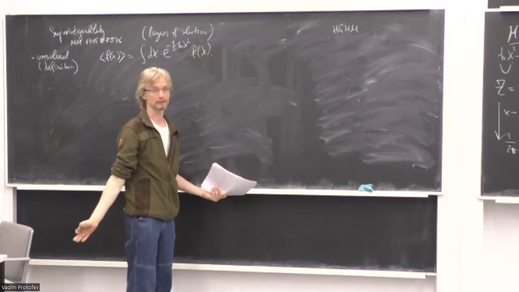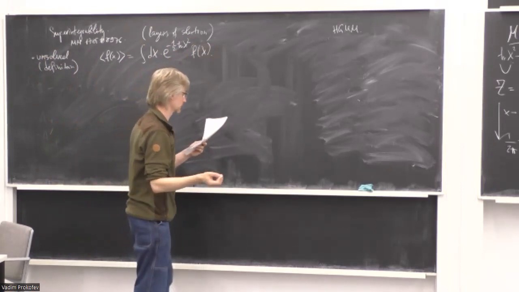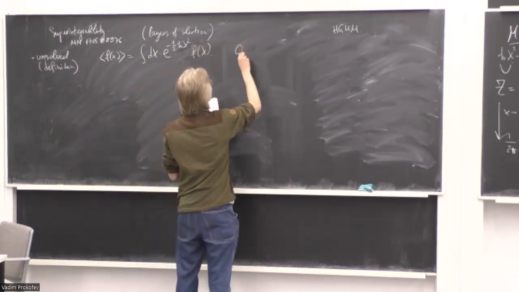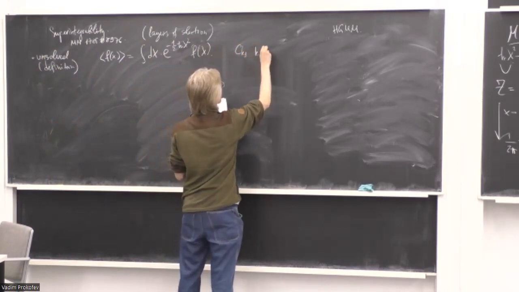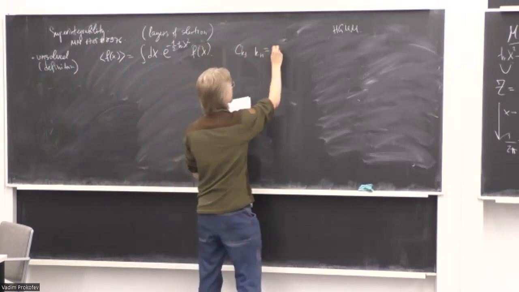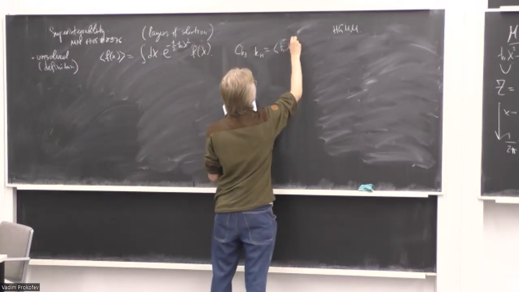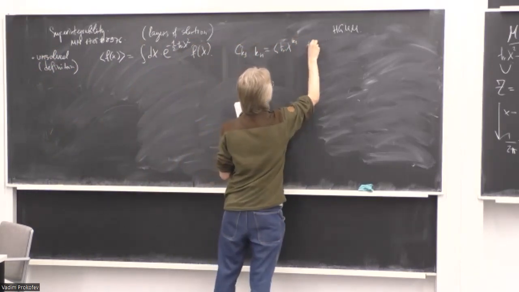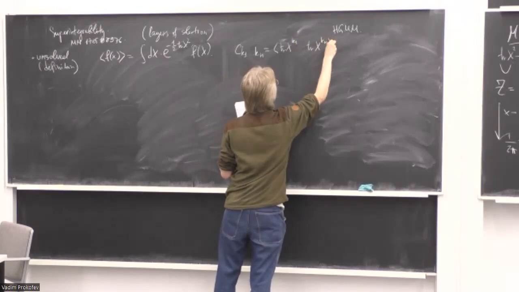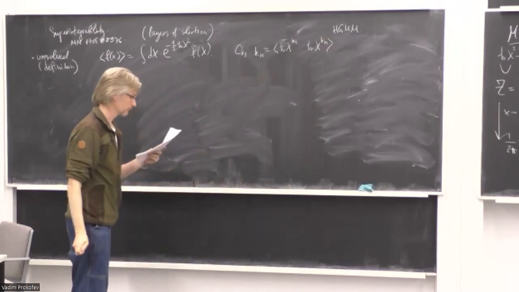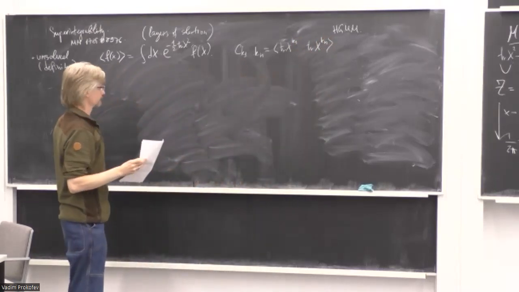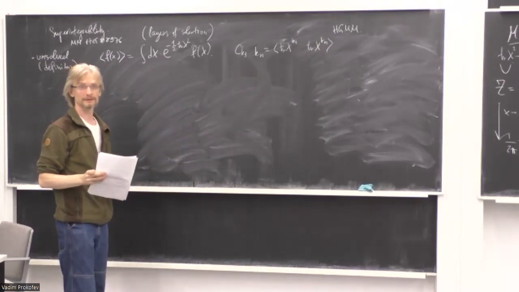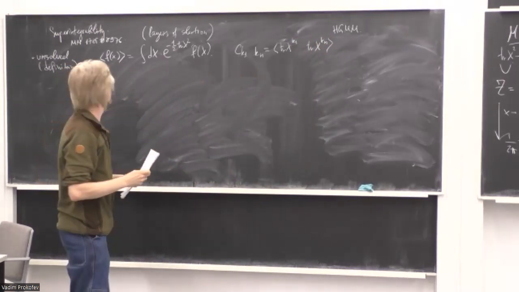The typical functions that one studies are the so-called correlators, which are nothing but the averages of products of some traces.